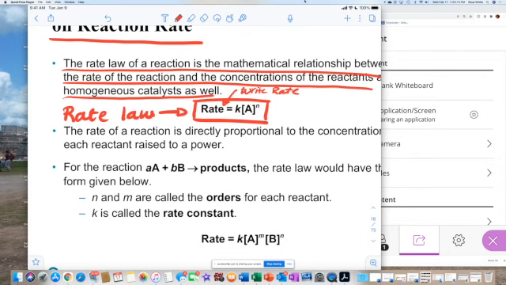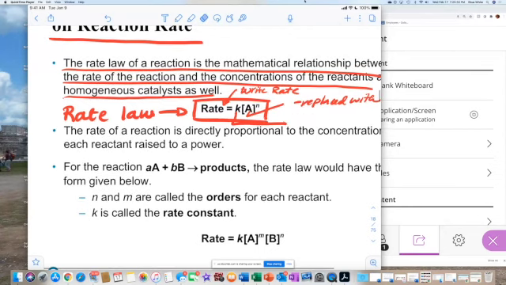And when you're asked to provide the rate law, leave k as k. There's only two parts here that get replaced. A is replaced with the chemical formula, right? And then n is replaced with a number.